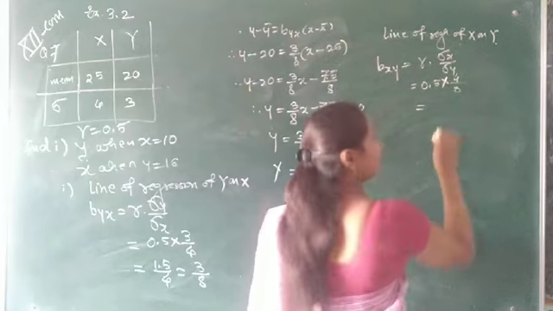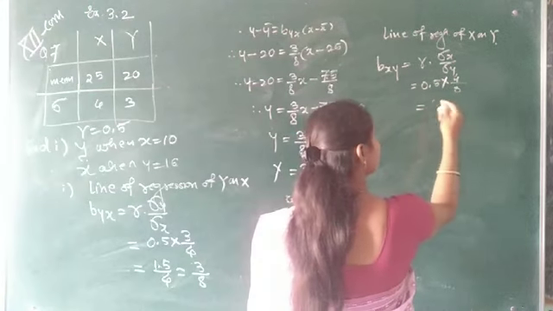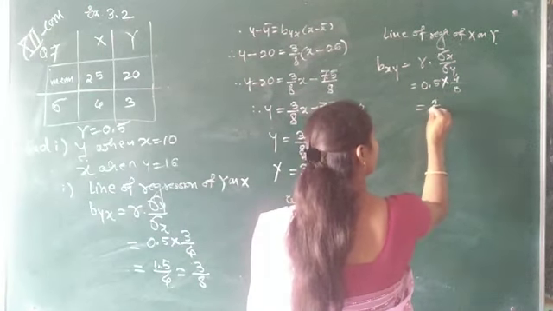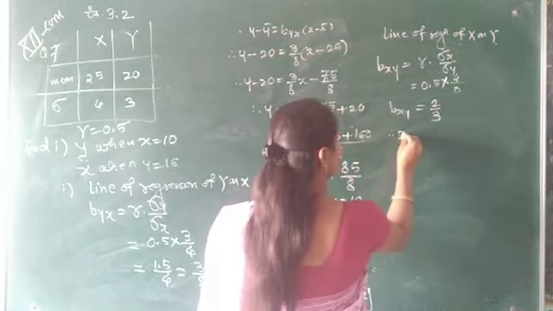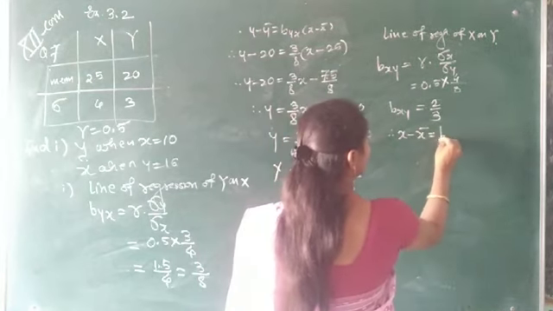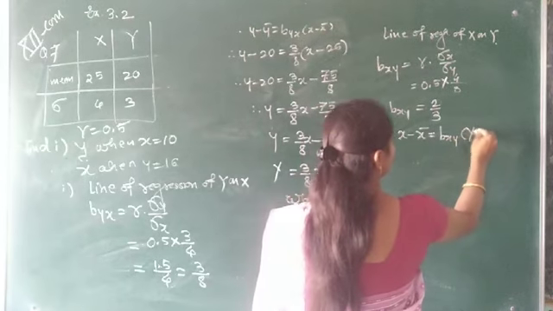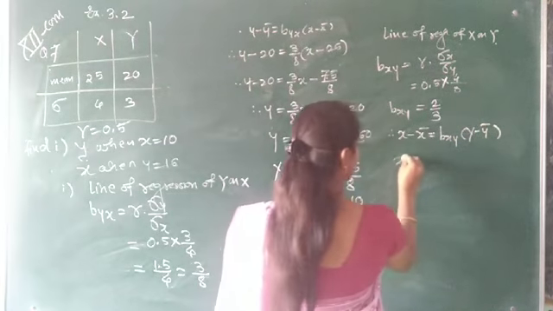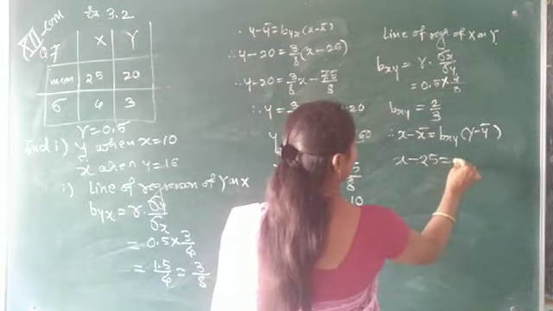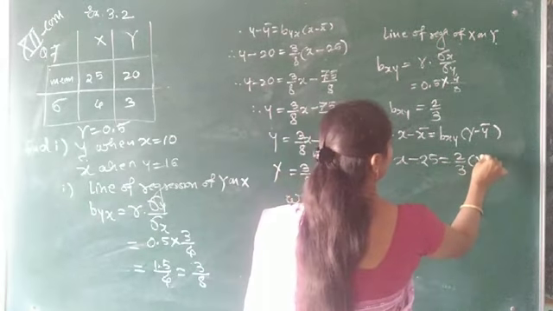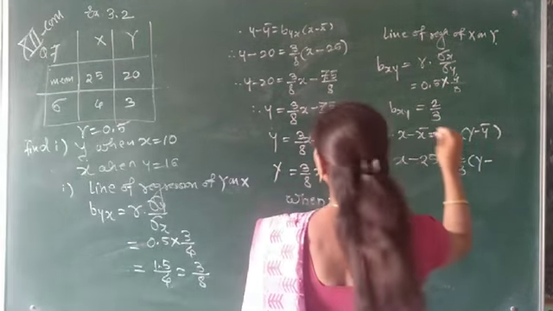Look here, 0.5 into 4 is 2.0, hence it is 2 by 3. Write the equation x minus x bar is equal to bxy into (y minus y bar). X bar is 25, bxy is 2 upon 3 into (y minus y bar), mean of y is 20.